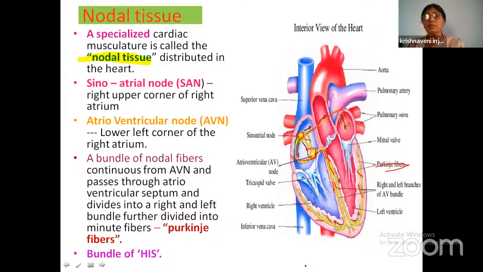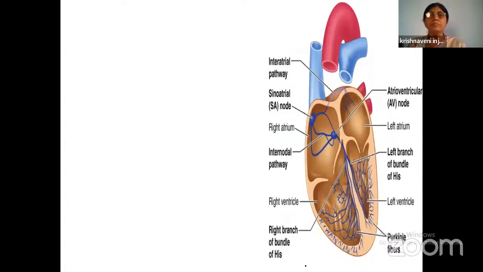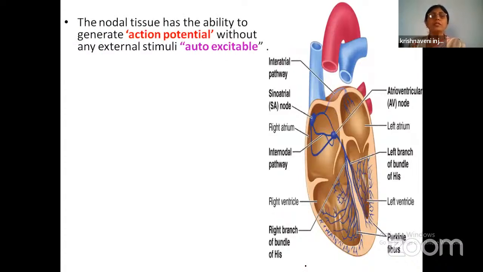This is about the specialized tissue present in the heart. The nodal tissue has the ability to generate action potential. So what is the function of the nodal tissue? Because they are very specific musculature, they have a special function. What is that? They are able to generate action potential without any external stimuli.